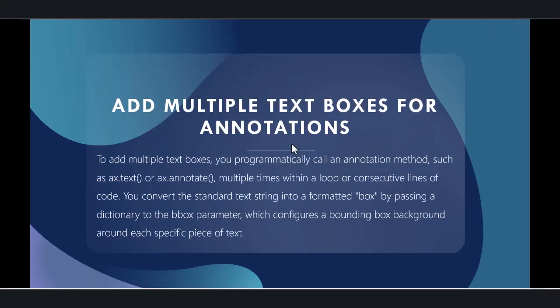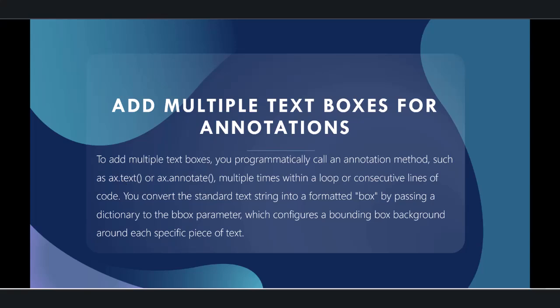Now let's see the last part, that is adding multiple text boxes for annotation. To add multiple text boxes, you programmatically call an annotation method such as the ax.text function or ax.annotate function multiple times within a loop for consecutive lines of code. We have seen the ax.text function in the previous method.